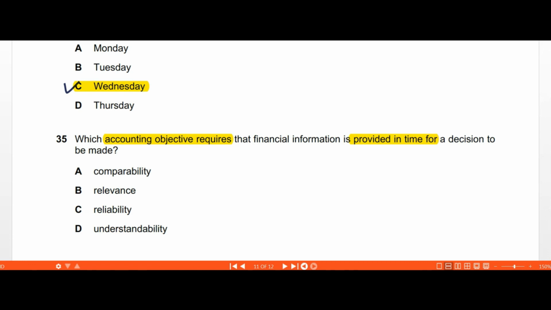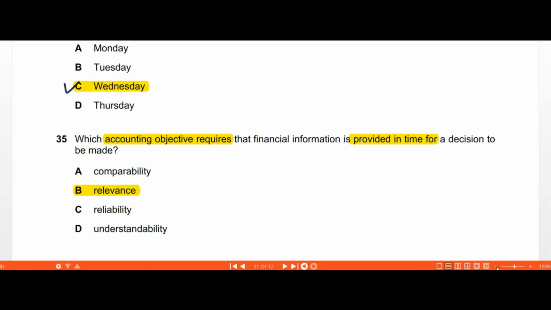Relevance, yes, relevance is the objective that is being applied over here, because you're making your decisions on the accounting information that is presented to you, and that is the relevant data that you're using in order to make those economic decisions or decisions regarding the business. Reliability and understandability do not really apply over here, so we choose option B for question number 35.